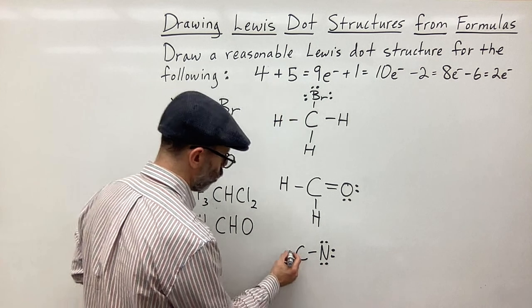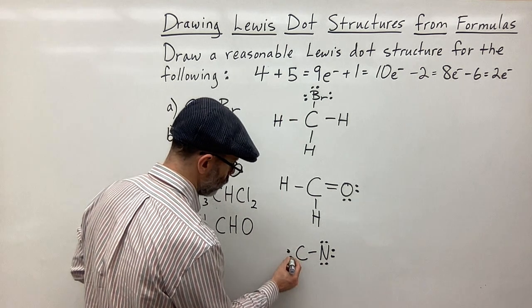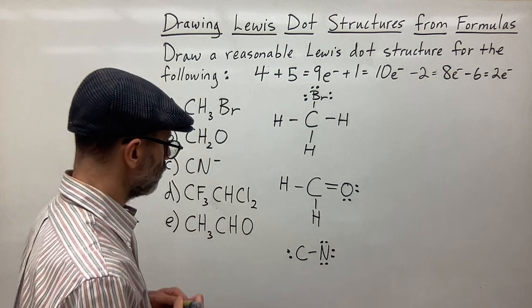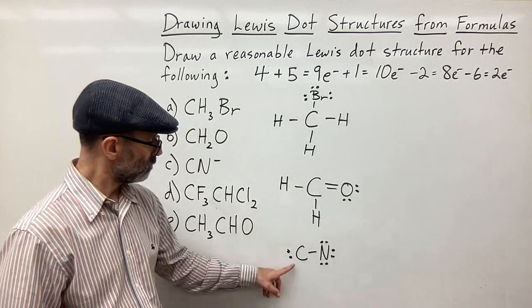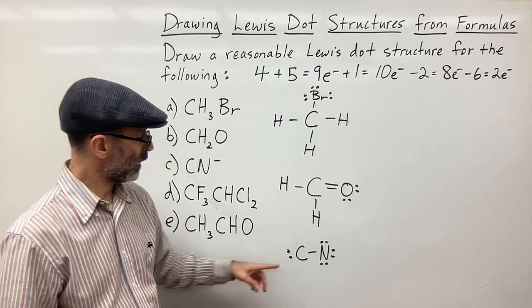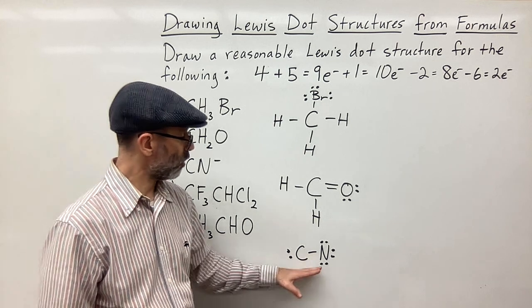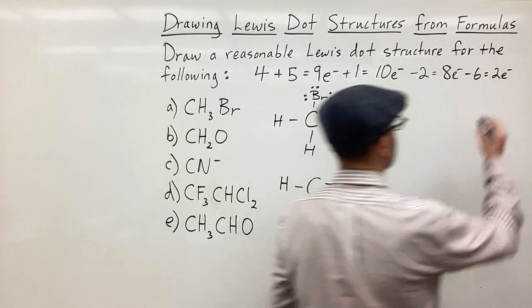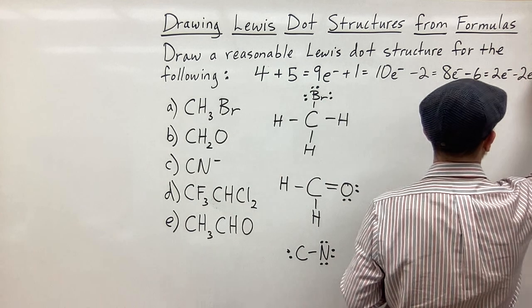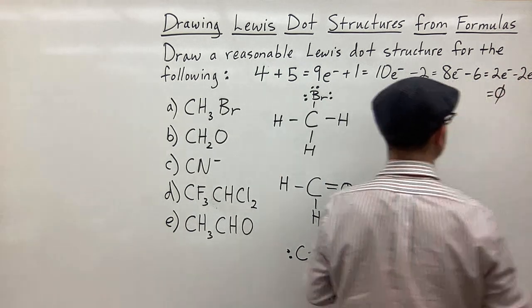I'm going to add a lone pair to the carbon. And so now I have carbon here. And so what you're going to do is you're going to now subtract out the electrons you used. So I used 2 electrons there, and then you have 2 there, and that's going to be 0.